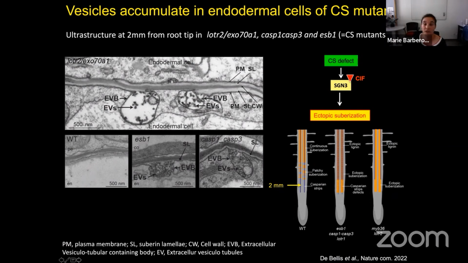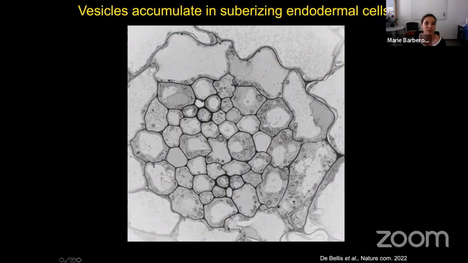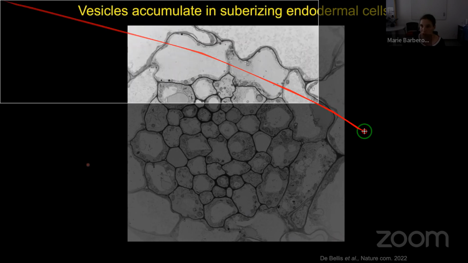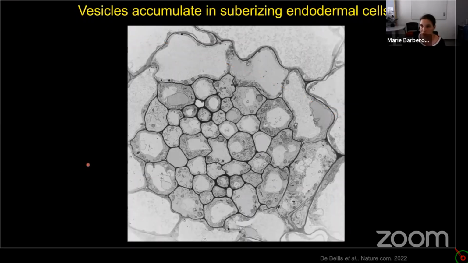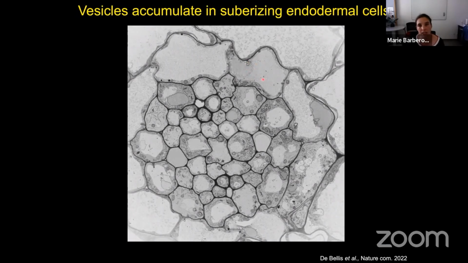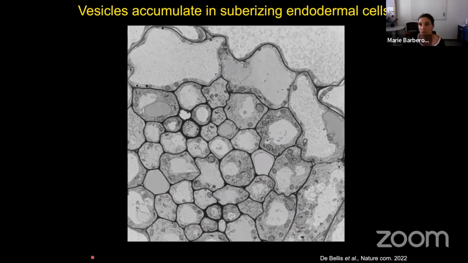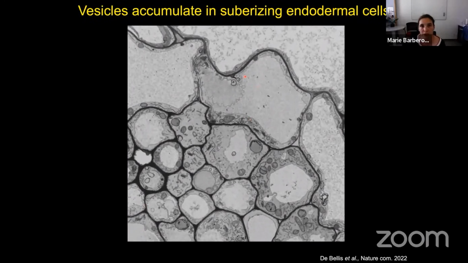When I say that we see a lot of these vesicles, here I'm showing you just one picture in one section of a portion of a plasma membrane. I want to show you what I mean by a lot of vesicles, with a 3D reconstruction of one endodermal cell. Here in the upper part, you have one endodermal cell that is suberizing, and we're going to move in Z in this section, and you're going to see many of these big vesicles present at the periphery.